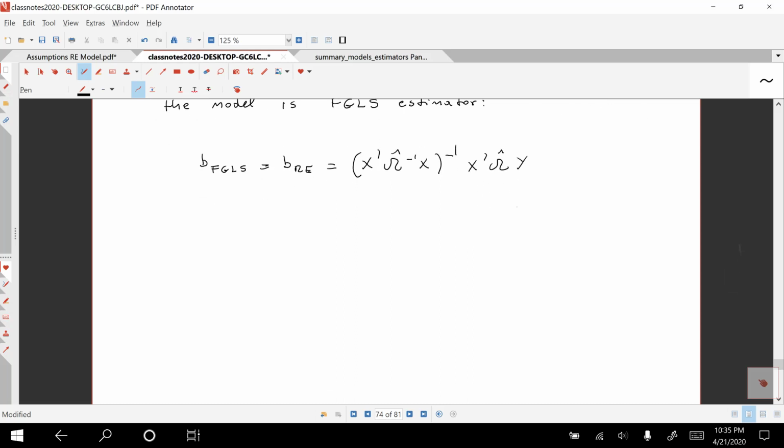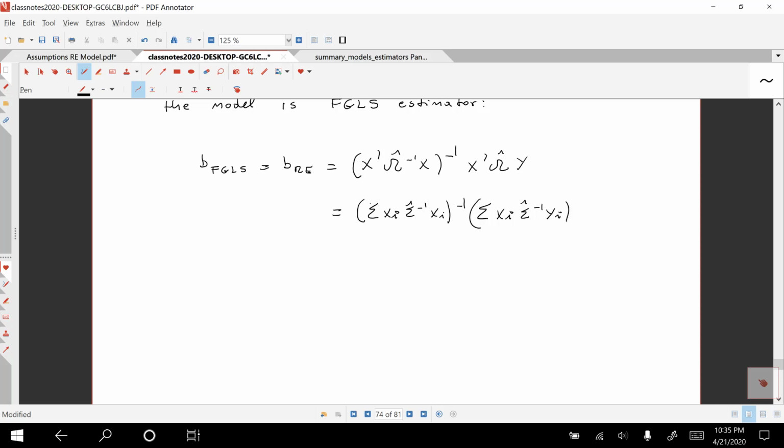Since we have panel data, this can be rewritten using the matrices for each individual i, and here we can have that omega variance covariance matrix. So there are two ways to write the estimator.